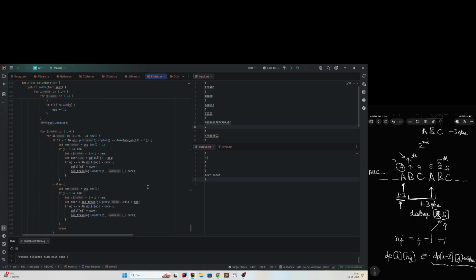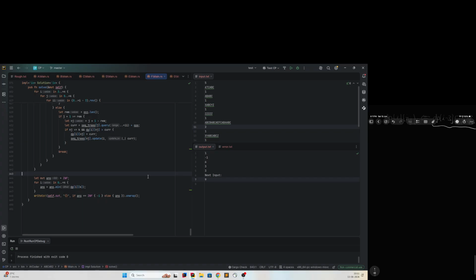And then for the final answer, according to our DP state, our jth new substring can occur at any instance. Like it can occur here also, here also.